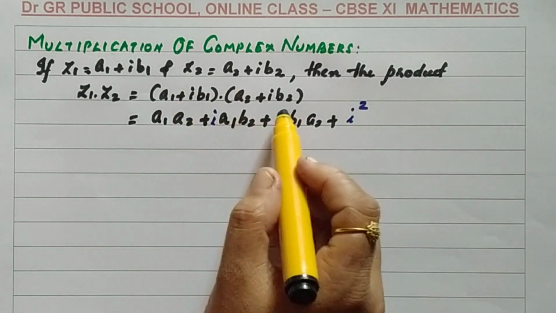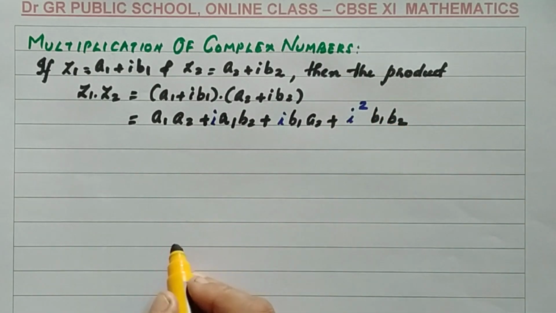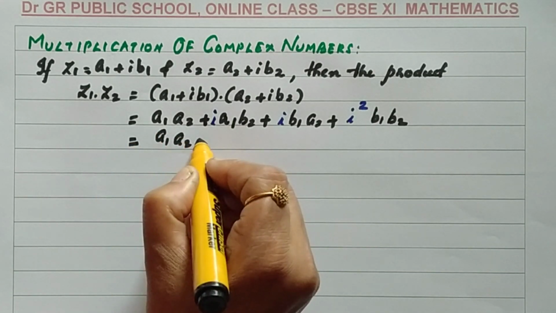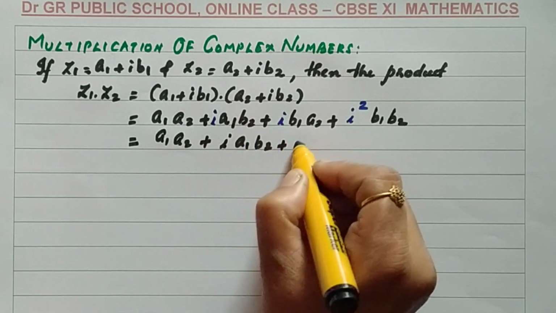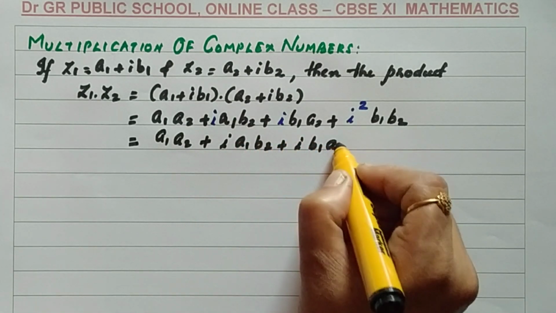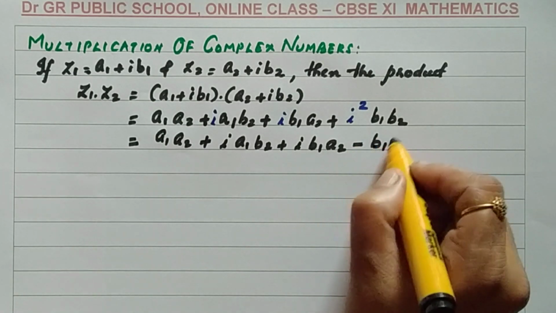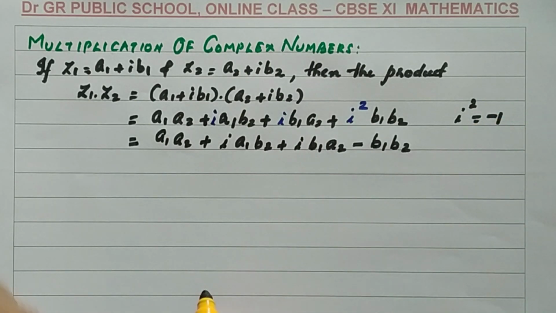Am I right? i into i is i square, then b1 b2. Equals a1 a2 plus i a1 b2 plus i b1 a2, i square is minus 1. So minus b1 b2. The reason is i square equals minus 1.